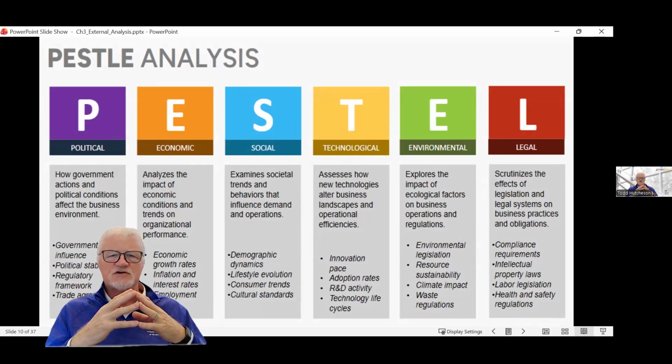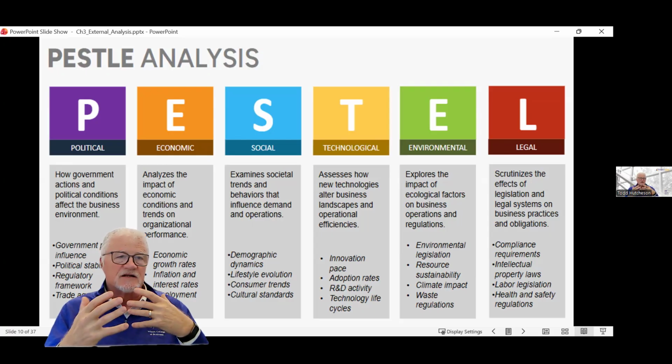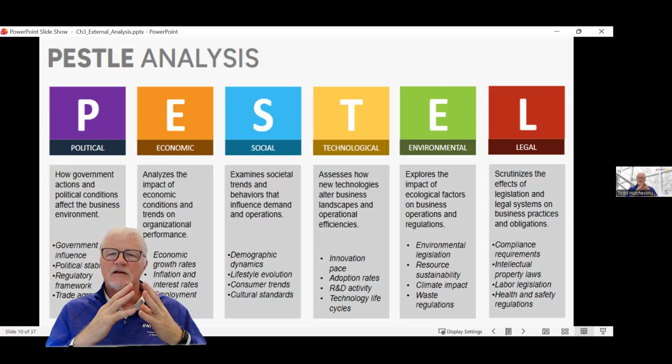Societal or social examines the societal trends and behaviors, so demographic dynamics. Technological, how do new technologies alter business landscapes and operational efficiencies? Environmental, what's the impact of ecological factors on business operations and regulations? And then legal, scrutinizing the effects of legislation and legal systems on our business practices and obligations.